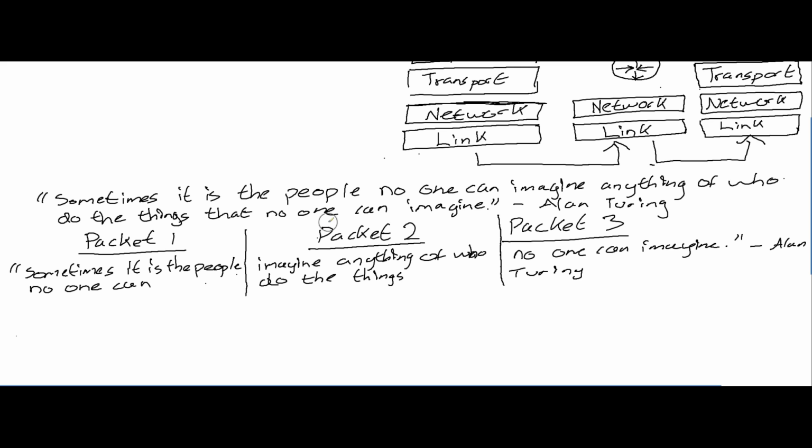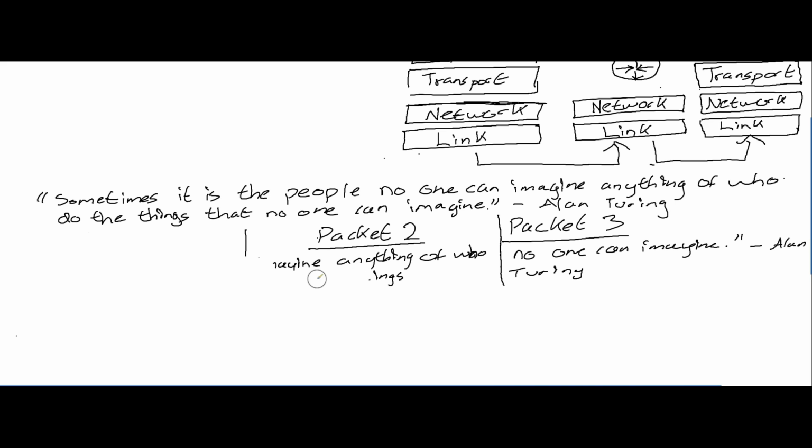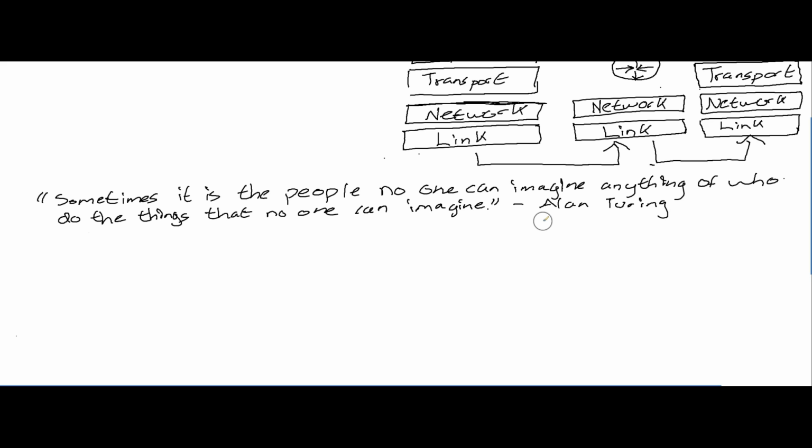So we can simply remove all of this, because they're not in packets anymore. The data is being displayed to the user by the application. Okay, so that is what happens at the receiving end.